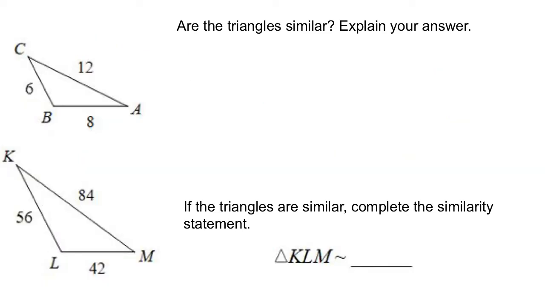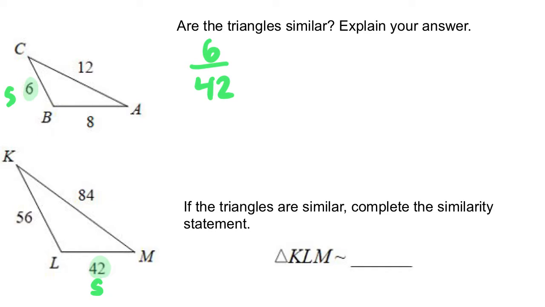For this example, we can see that we are probably going to try to use side-side-side because we have three sides in both triangles. So let's compare the sides. Now the smallest side in both triangles is the 6 and the 42. So I'm going to write a proportion of 6 over 42.